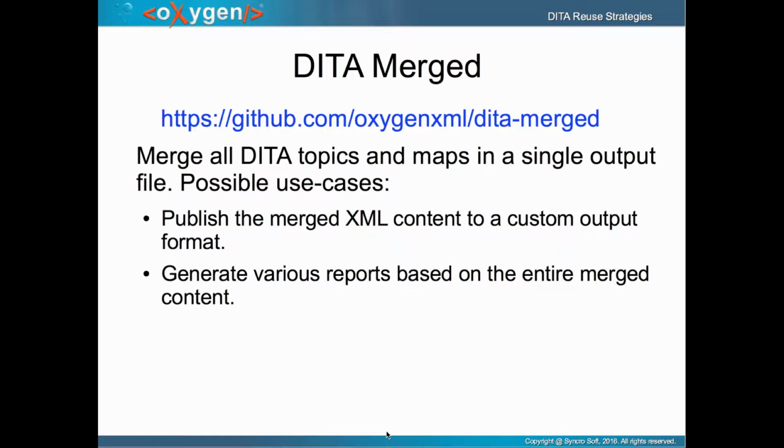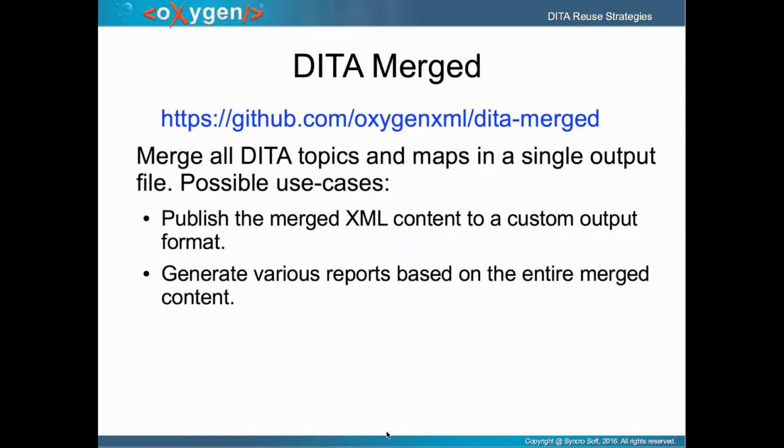somebody wanted to obtain the merged data output. So you have a data map with topics, and you want to obtain a single file which contains all those topics expanded in place. And why do you want this? Maybe you want to publish to a certain format using a certain process that you already have set up on your site. Or maybe you want to generate various reports.